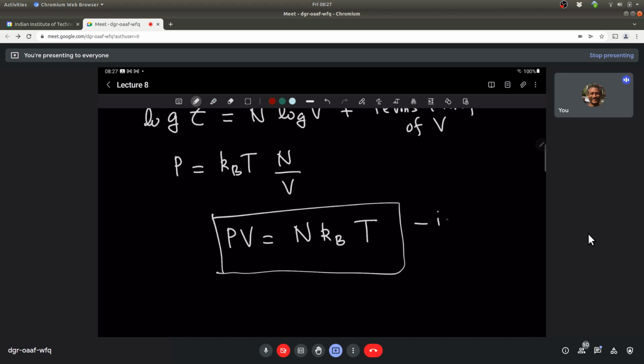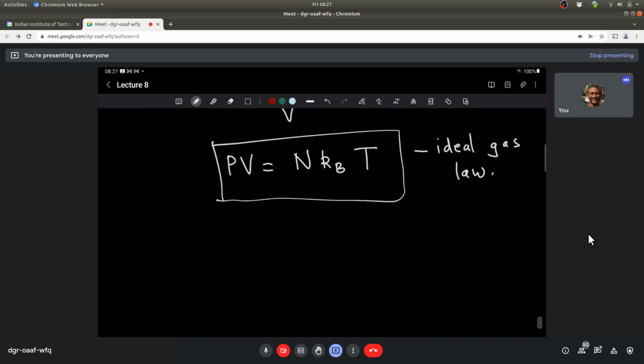This is the ideal gas law, except nobody told you what was ideal about it. At least here we said we have particles which are independent, non-interacting, so we have something much more well defined. But is this the way you saw the ideal gas law in high school?